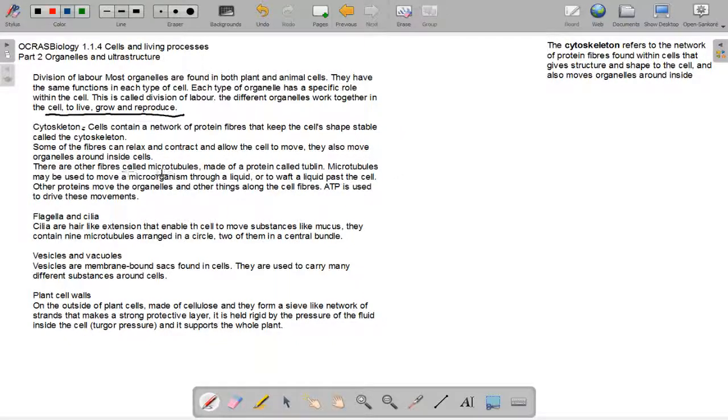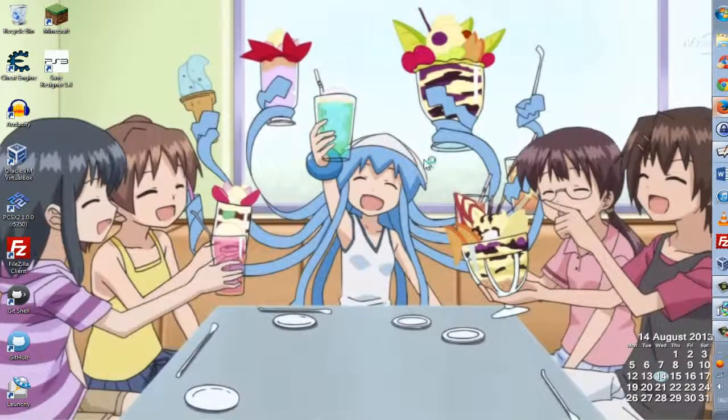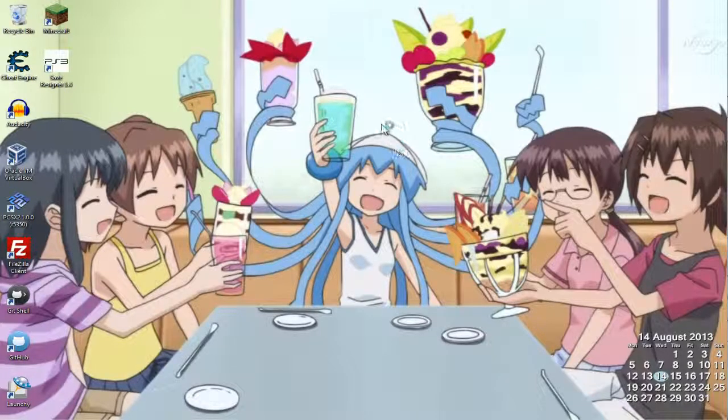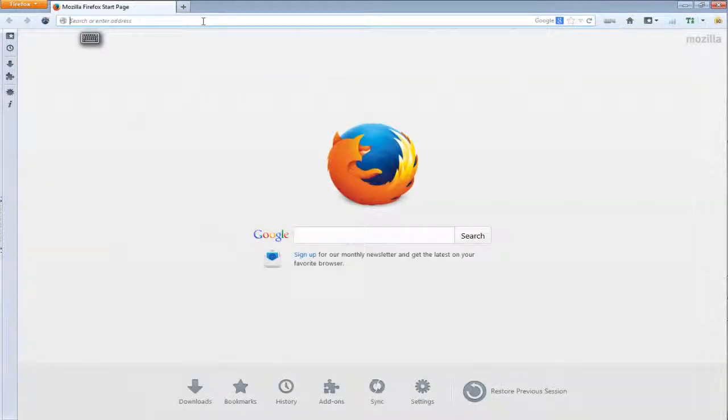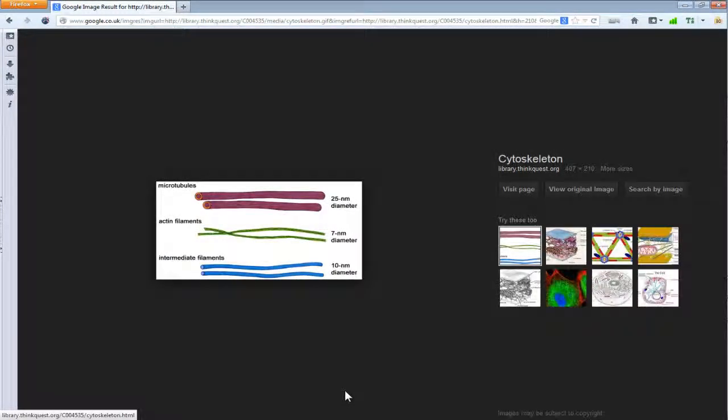So, if you want to know what a cytoskeleton looks like, we'll have a quick look on the internet, and I'll show you one. So the cytoskeleton, quite basically, looks like this.